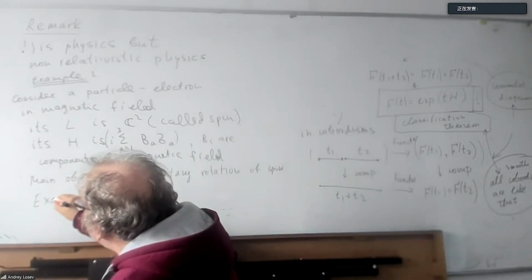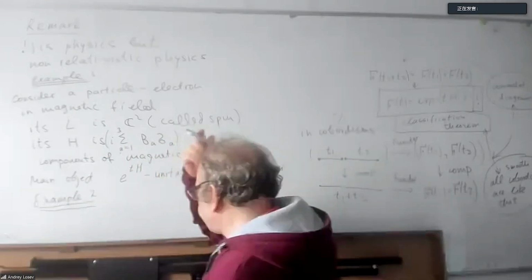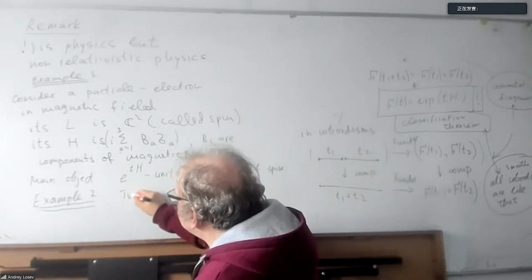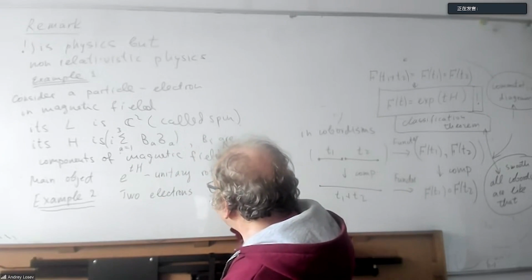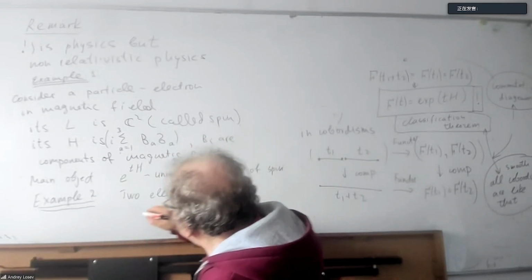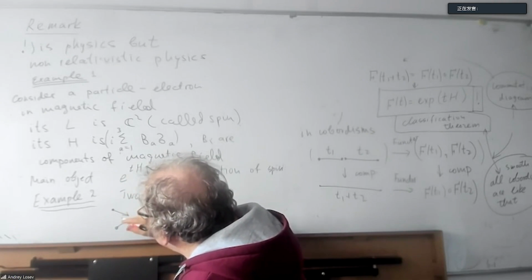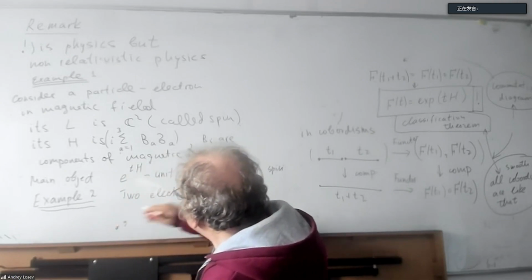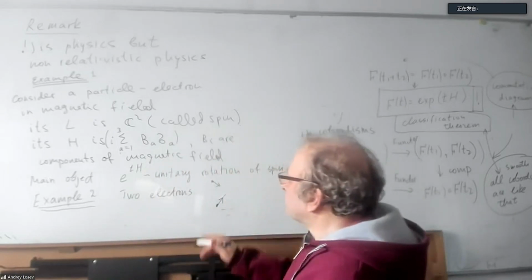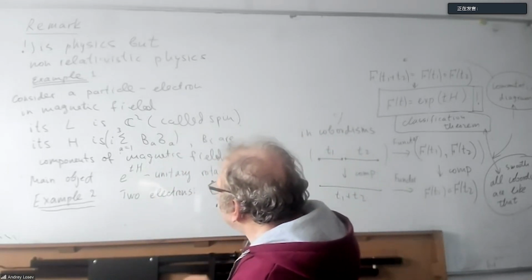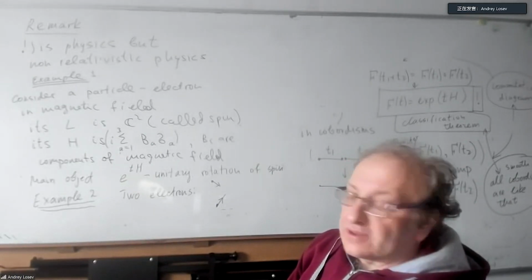Example 2. Two electrons. Now L is more complicated.